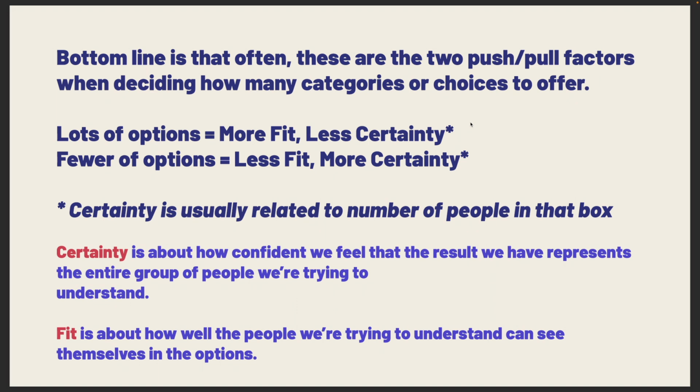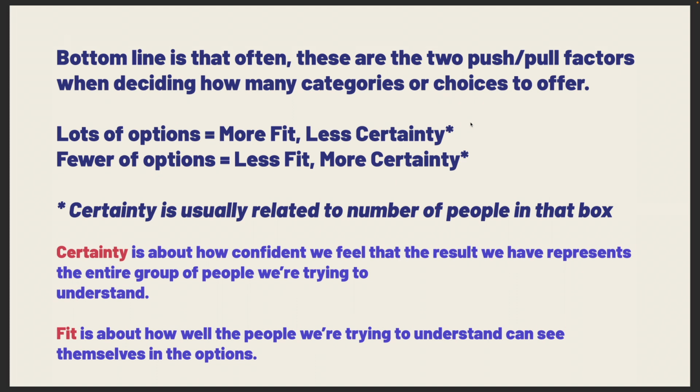So if you're trying to understand how bisexual people feel in terms of being satisfied with your services, if you ask 2 people who identify as bisexual how they feel about your services, you're going to have less information than if you ask 20 people who identify as bisexual.